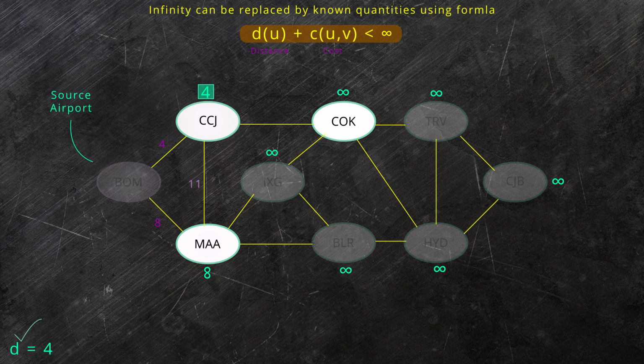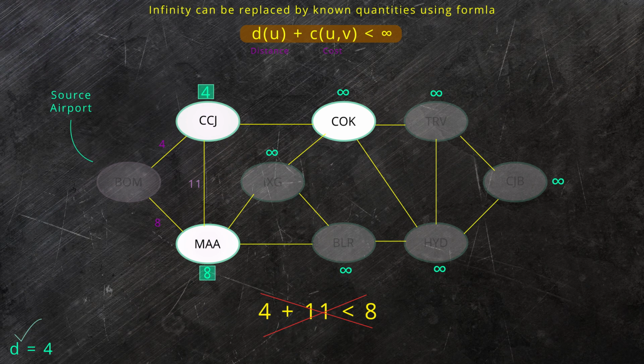Distance of U is 4 plus 11, and distance of V is 8. So that doesn't satisfy the condition. So the value of MAA will not be updated. It will be kept as 8.